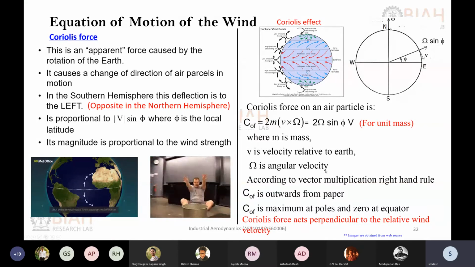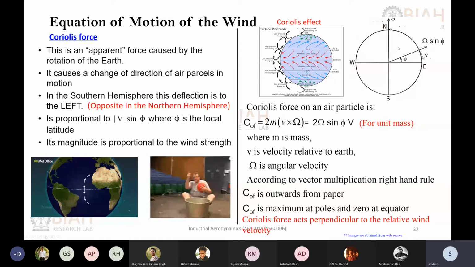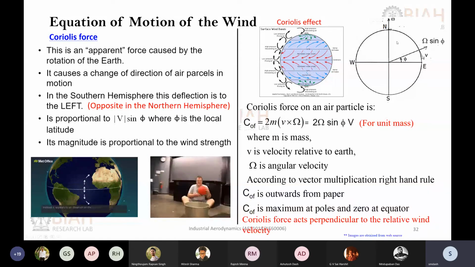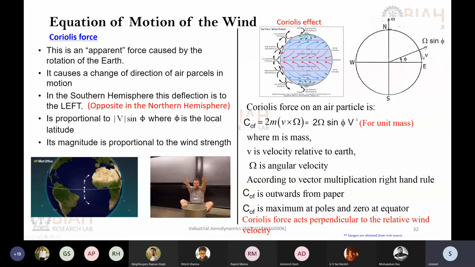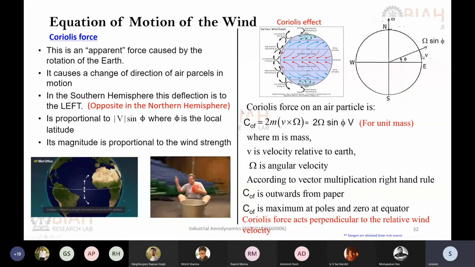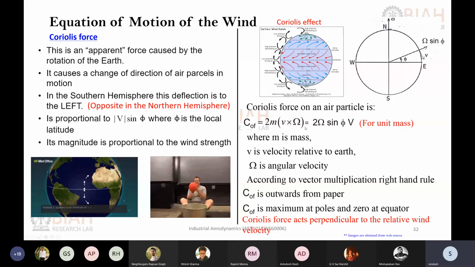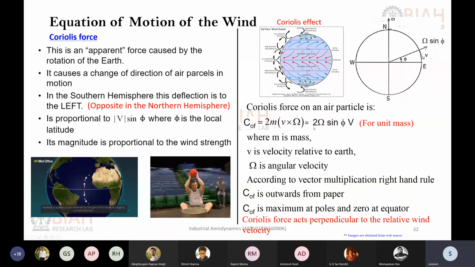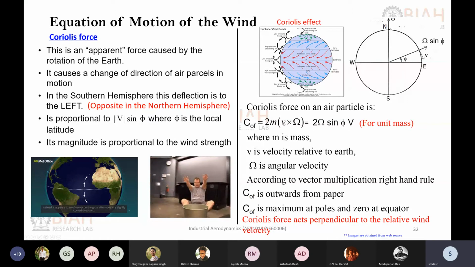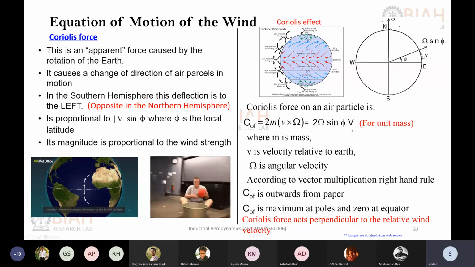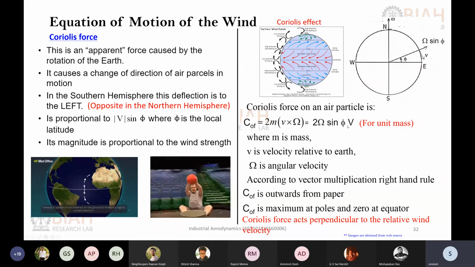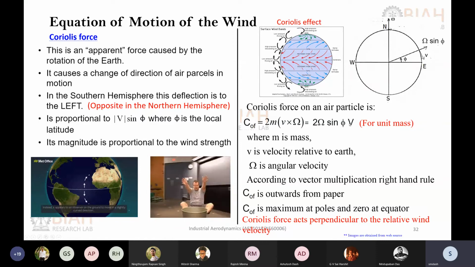Since the earth is rotating, its effective angular velocity changes as you move in latitude. This is the equation of the Coriolis force, which you might have studied earlier also. Now for a unit mass, I can drop the m term, so the equation is further simplified to 2 omega sine phi times v.